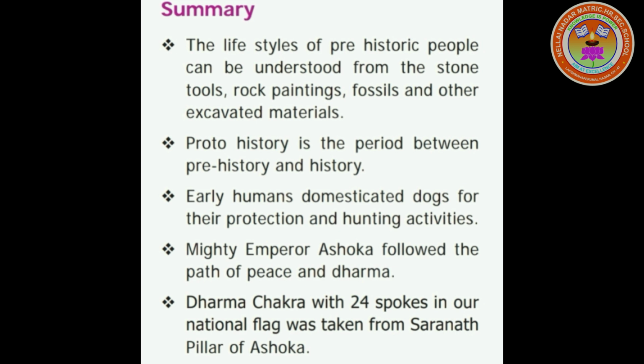Early humans domesticated dogs for their protection and hunting activities because they realized that dogs could help them prevent the entry of dangerous animals by their sniffing skill. Mighty Emperor Ashoka followed the path of peace and dharma. The Ashoka Chakra with 24 spokes in our national flag was taken from the Sarnath pillar of Ashoka.